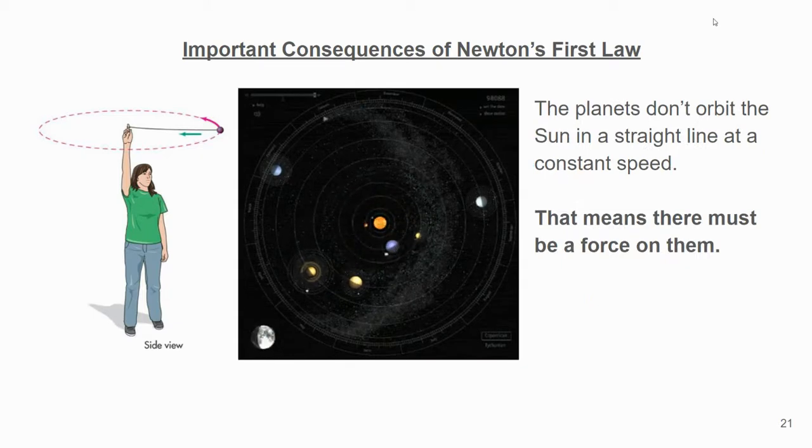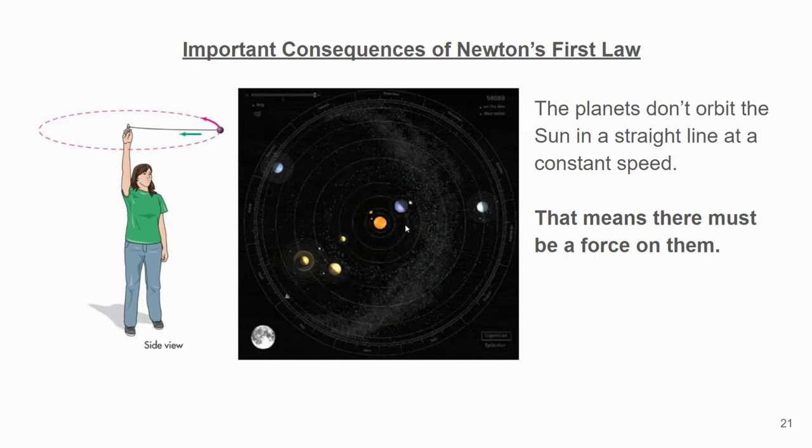So yeah, that was just a mass on a string that you could do just in your living room. Same exact thing is happening with the planets going around the sun. So the planets are moving. So here's Earth moving around here, the nice blue one. So it's going roughly a constant speed. It does change a little bit because of Kepler's second law of orbital motion. But basically, if it were a circle, it would be a constant speed.